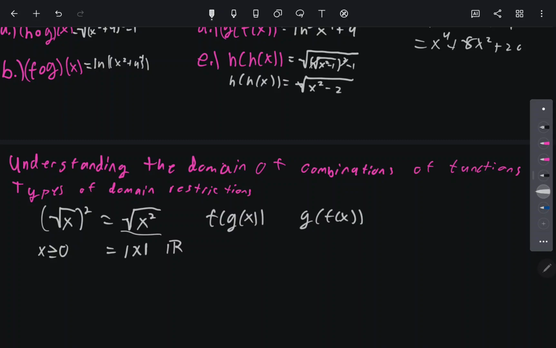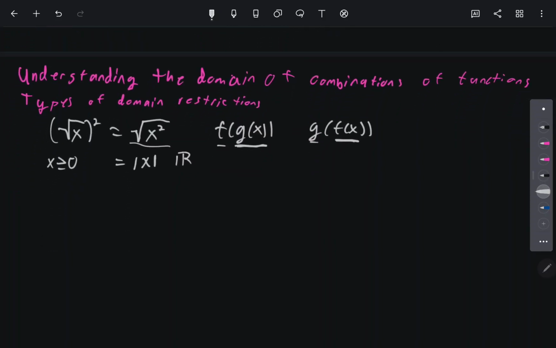And the key differing factor is the domain of the inside function. You cannot get numbers that are outside of the inside function's domain, even if the outside function, the f or the g, is going to cancel it. It's not the same.